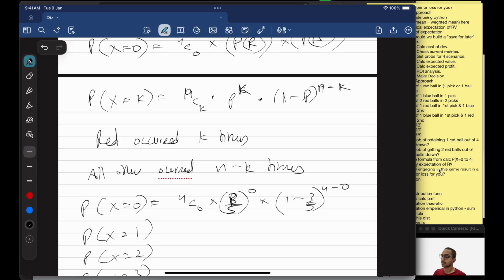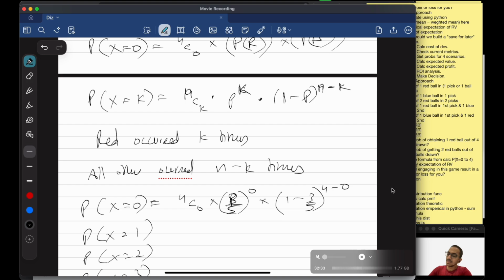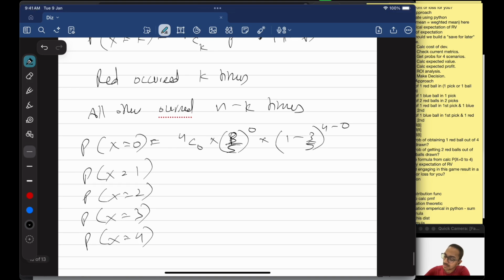I just want to simplify this. I don't want to calculate all this. It will be the same for, let's say, 2: 4C2 times (3 by 5) squared times (1 minus 3 by 5) power 4 minus 2, because k here is 2.